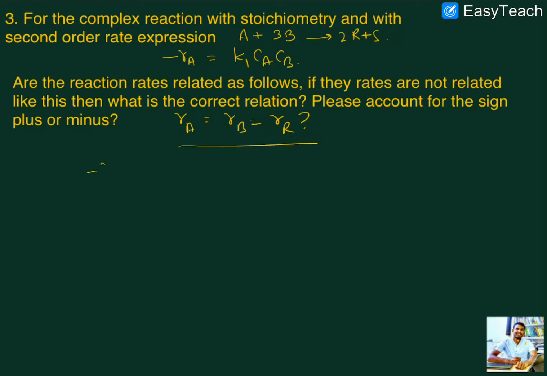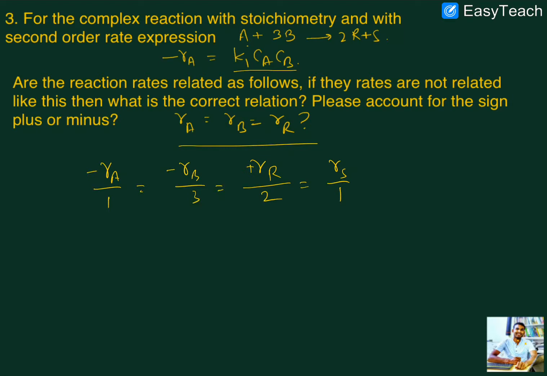So we will use our concept and see whether this relation is true or not. First of all, if we want to write for a reactant, we will take a minus sign; for A the coefficient is 1, for B minus r_B the coefficient is 3, for R plus sign with coefficient 2, and for S coefficient 1. This is how we have to write. Now minus r_A is given as k1 C_A C_B. Does this equation hold true or not?